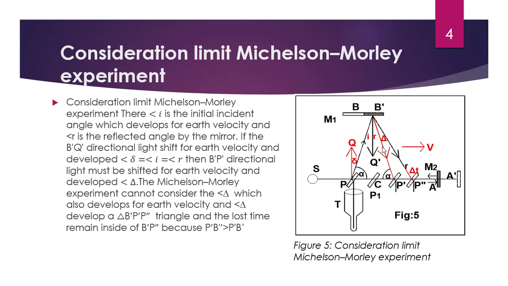Then the light cannot touch the PA base, because the angle actually develops at the same point, very close to the B dash. While the incident angle photon arrives, at the very same time the reflected angle will be developed. And if we consider that in this second portion the arc velocity equals 0, then the light cannot touch the base, because that means the time unit is also 0.